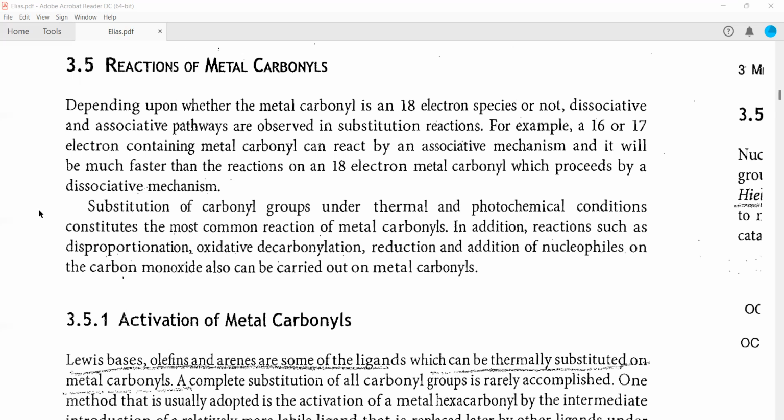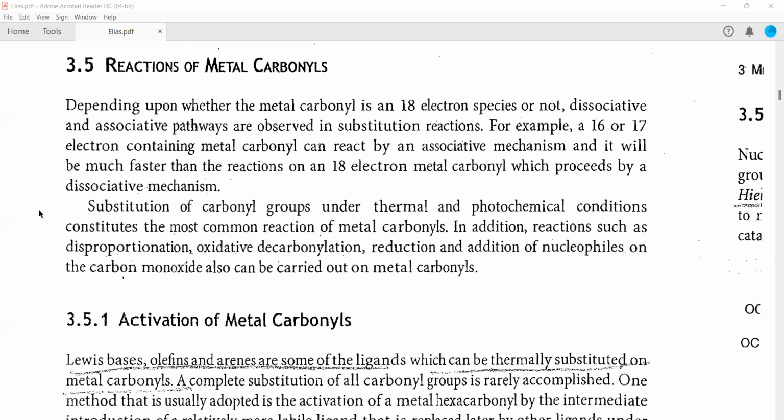But if your complex is 18 electron, the coordination is already filled, it is full, and so whatever you are reacting with the metal carbonyl cannot go via an associative pathway. In that case, one of the carbonyls needs to be knocked out of the metal center, and that is called a dissociative mechanism.